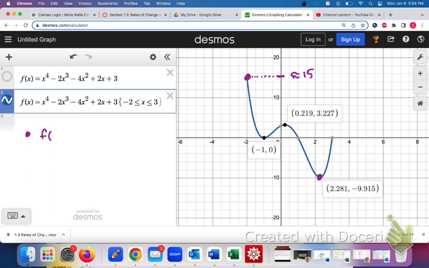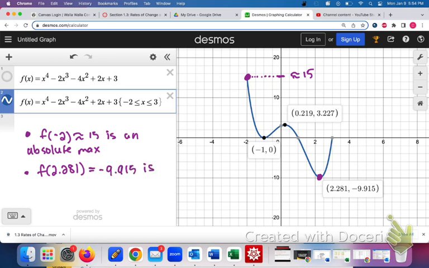So, f of negative 2, which is approximately 15, is an absolute max, because that's the value corresponding to the highest point on the graph. And f of 2.281, which is negative 9.915, is the absolute minimum.